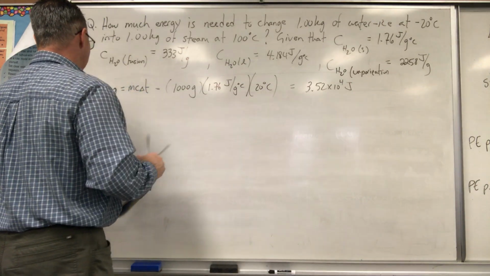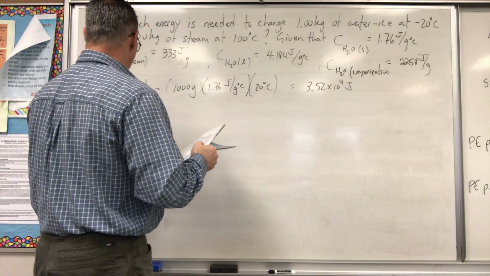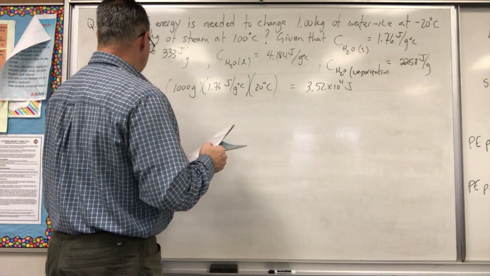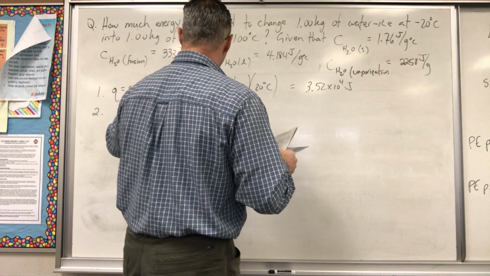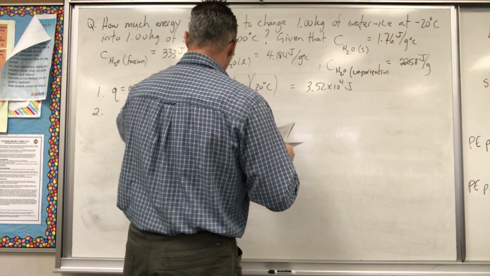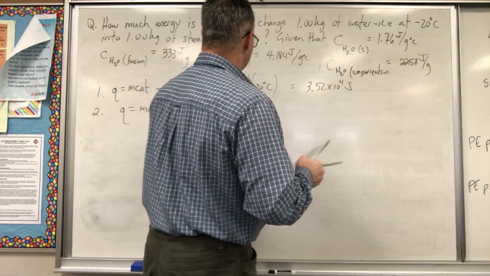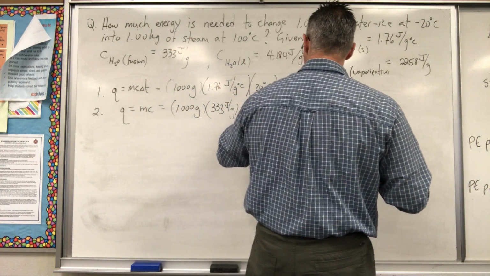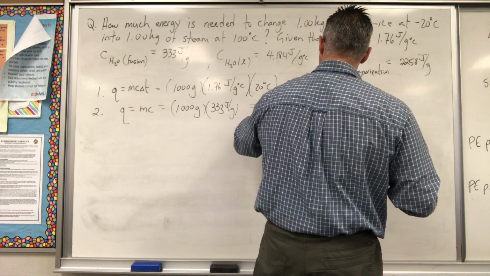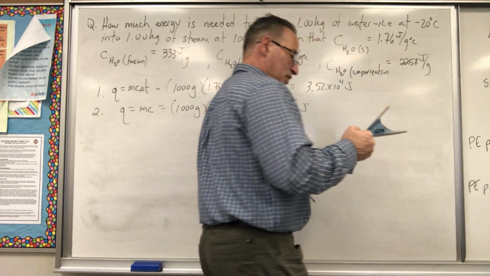Then you're melting your ice. So you're going to use Q is equal to M times C for ice. So 1,000 grams of ice melting at a cost of 333 joules per gram means it's going to take you 3.33 times 10 to the 5 joules of energy.